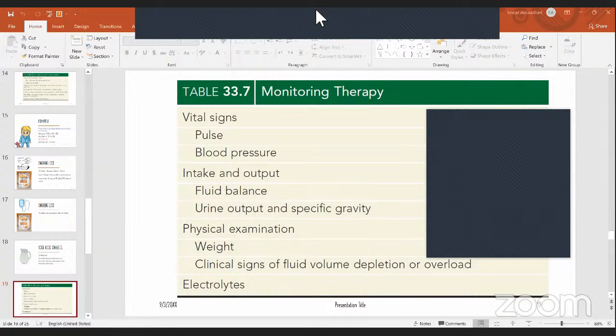A very important complication, a very important adverse effect is heart failure. The children are prone to pulmonary edema and heart failure. All the patients are prone to that, even adults, but the children are very much in danger of pulmonary edema.